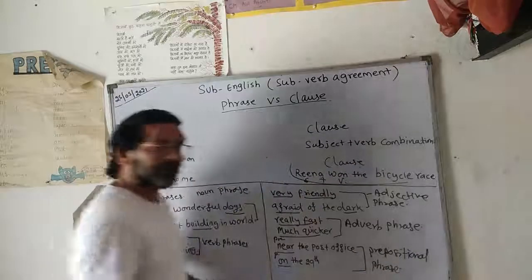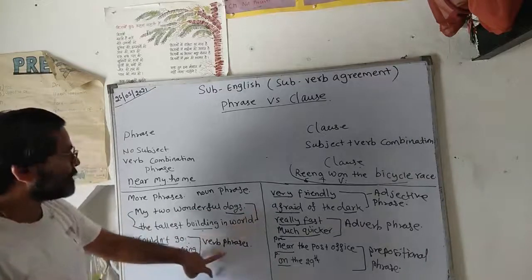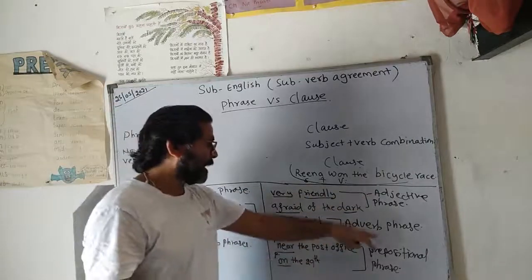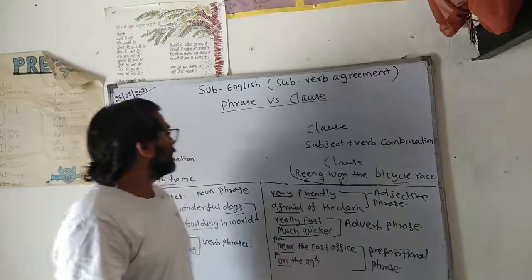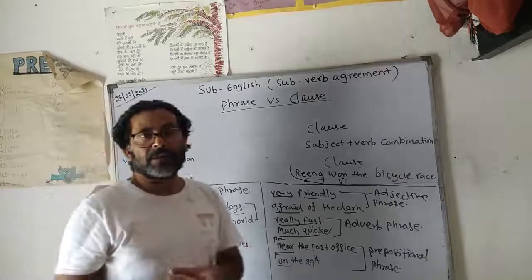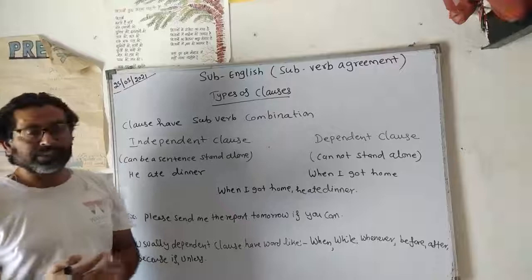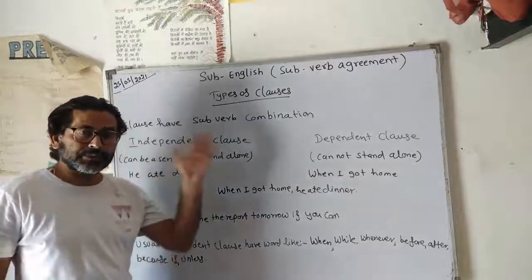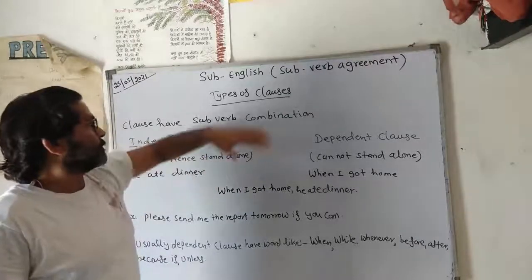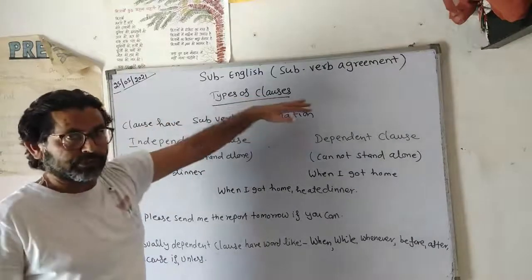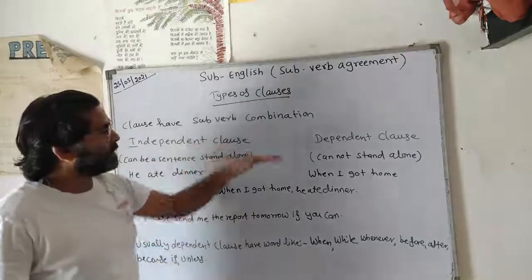So we have different types of phrases: noun phrases, verb phrases, adjective phrases, adverb phrases and prepositional phrases. And now we will learn about independent and dependent clauses. Recently we learned the difference between phrases and clauses. Now we will learn about types of clauses. There are two types: independent clauses and dependent clauses.